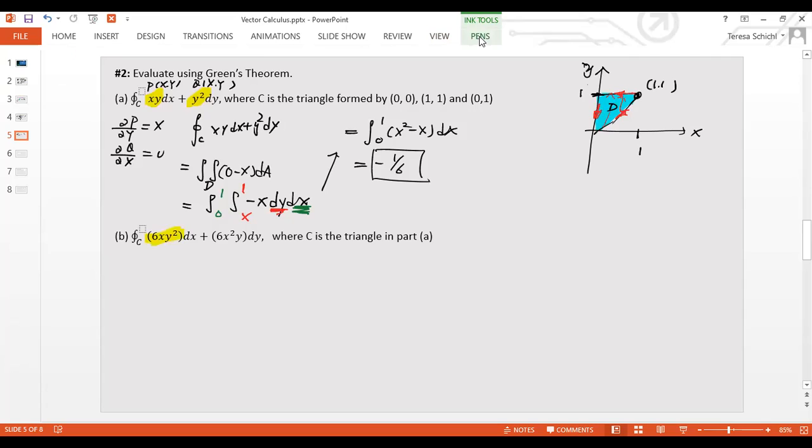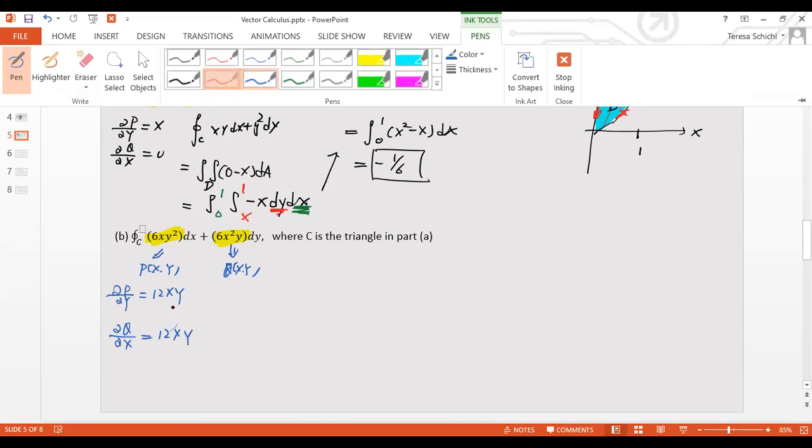This is my P(x,y), and this is my Q(x,y). So ∂P/∂y is equal to 12xy. Then ∂Q/∂x equals, oh boy, it's 12xy also.